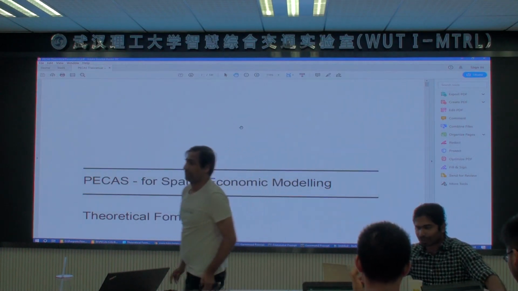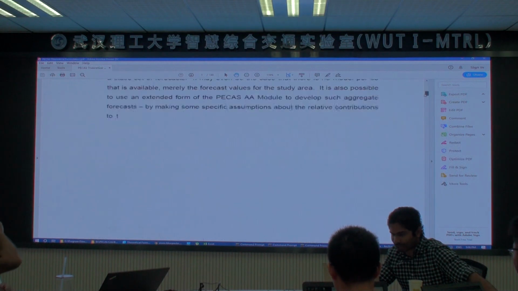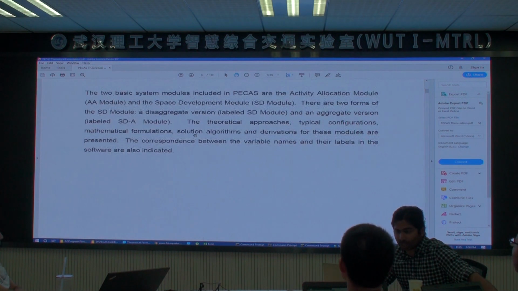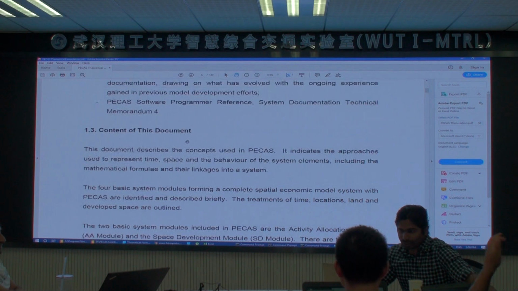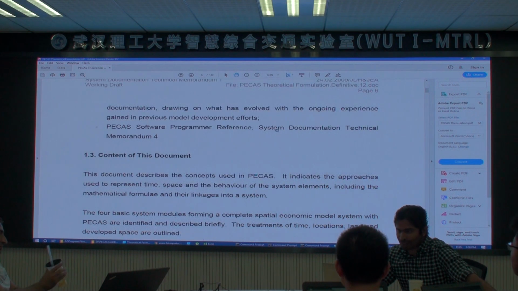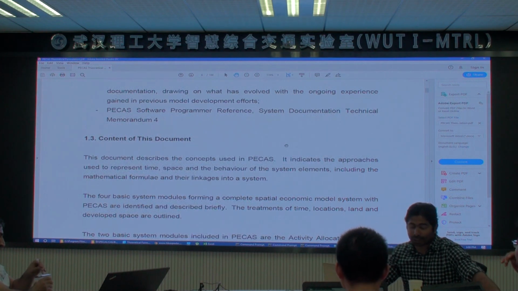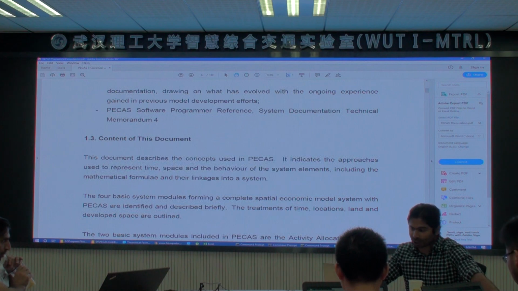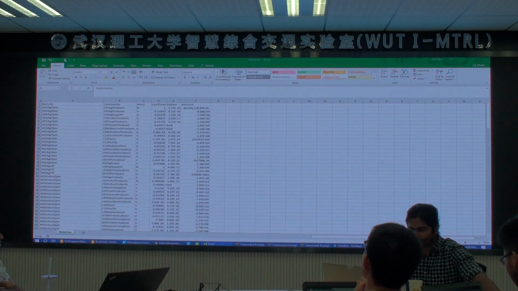This document you can download from the website, and it has all the theory behind the model. You can read it and try to understand how the model works. If you have any question, you can ask any time. There is also another document on the website called the user guide, which has the explanation for all the output files and input files.